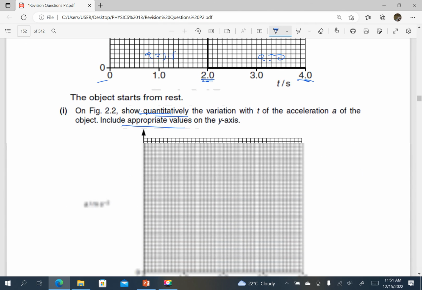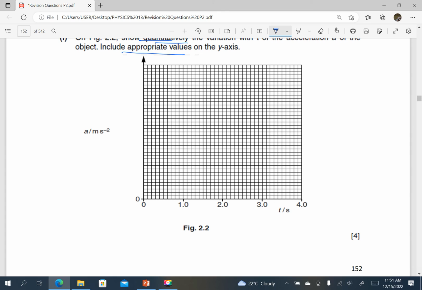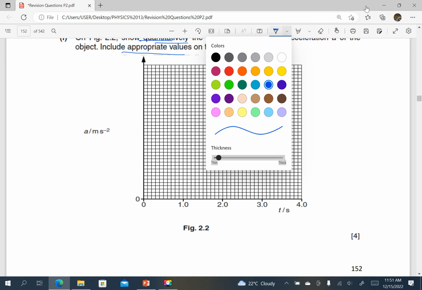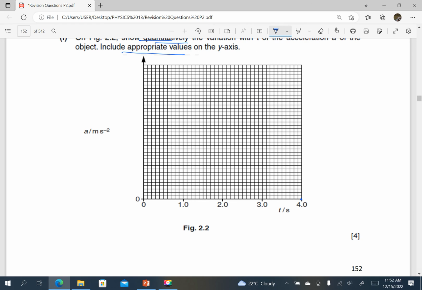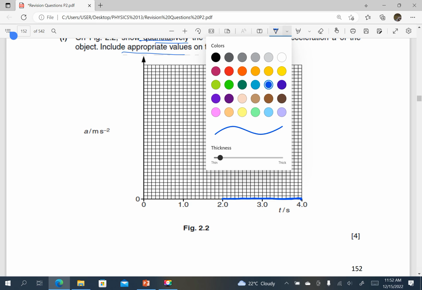So let's choose a scale here. Of course, the other part after 2.0, I'll just draw along the axis because the acceleration there is 0. So that part, the acceleration is 0. Then for this other part, I will choose a scale.